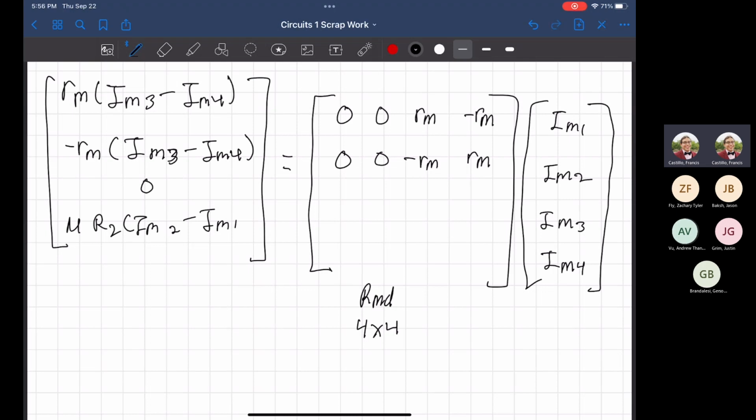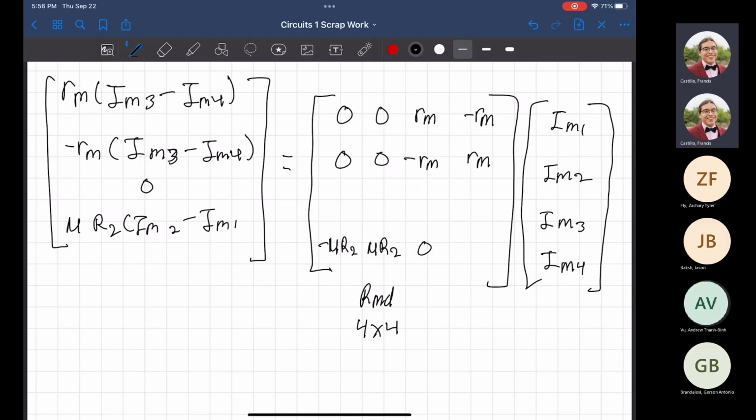Same thing for mesh 4, as there is a dependent relationship in mesh 1 and mesh 2. We're writing that there, but nothing's happening between mesh 2 and 4, so we don't have to write anything there. And then what about mesh 3? It's 0. That means there's nothing influencing our dependent sources, therefore it's just going to be straight zeros all over the place.